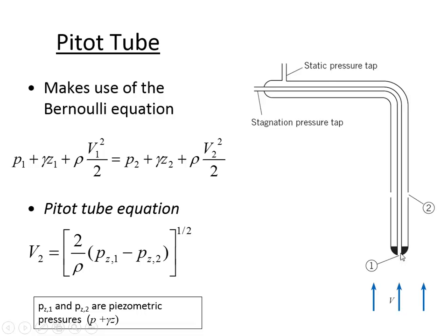Opening 1 is a static tap. The wind doesn't actually continue going through this tube. It actually stagnates at that, and there's a localized increase in pressure because all of the energy that was in the velocity of the moving fluid is transferred into a localized increase in pressure that's going through that tube.